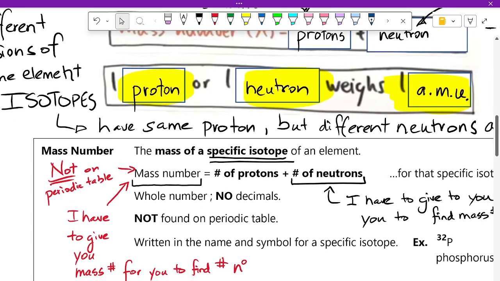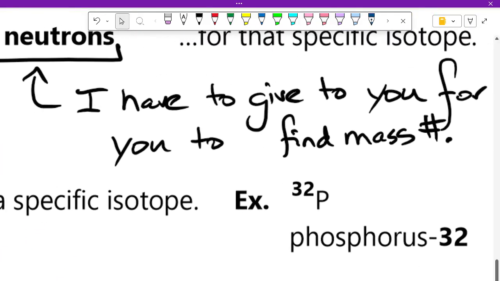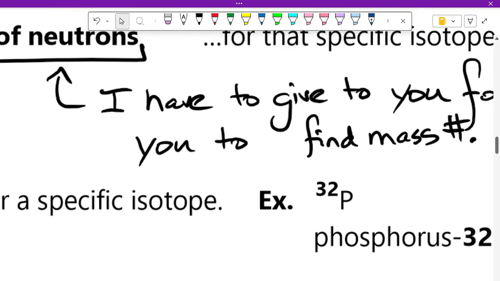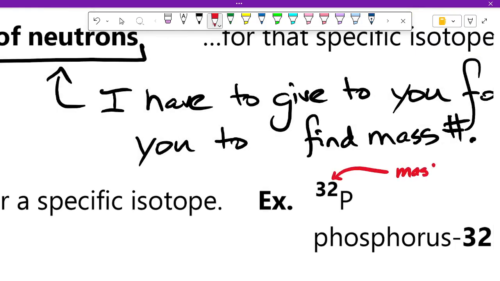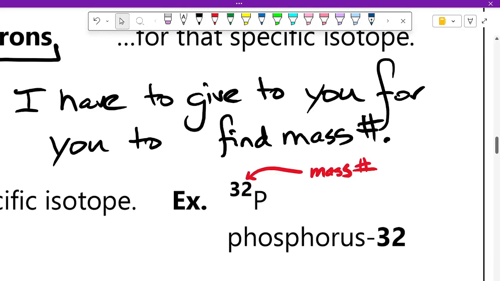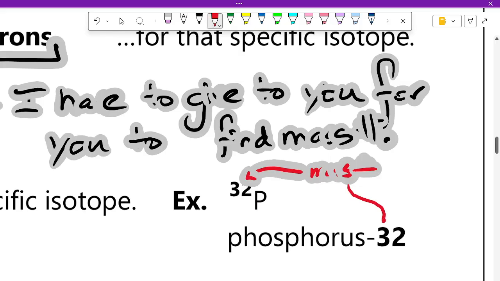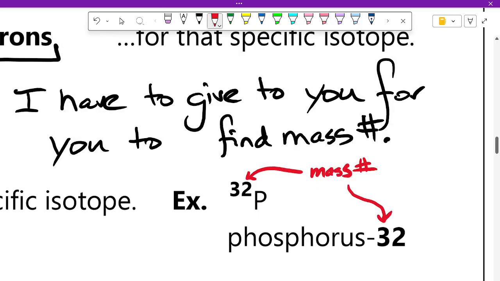You can find it written in either the name or the symbol. So I might say to you, you have P32, and that is your mass number. But I'd have to tell you that. I might say you have phosphorus 32, but I would have to write that 32 for you.